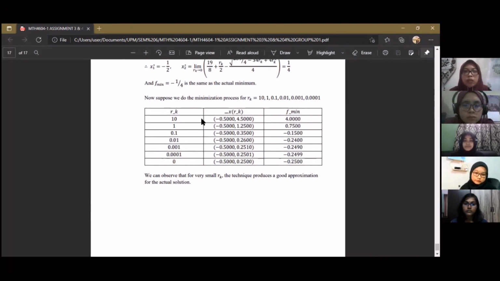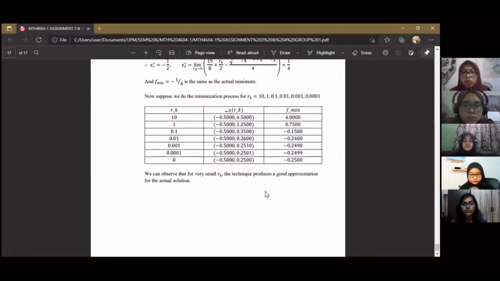From here, we can observe that the smaller the RK that we choose, the better the approximation for the actual solution. And as we can see here, finally when RK equals 0, we get the actual solution.